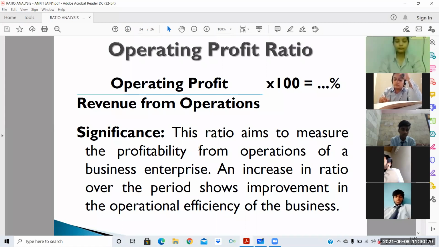This ratio aims to measure the profitability from operations of a business. An increase in the ratio over the period shows improvement in the operational efficiency of the business. Operational efficiency means all the resources are used very effectively and efficiently without any wastage. That's why profits increase and costs decrease.